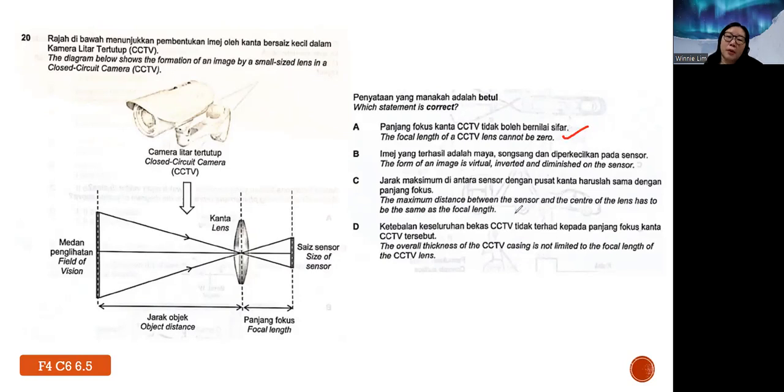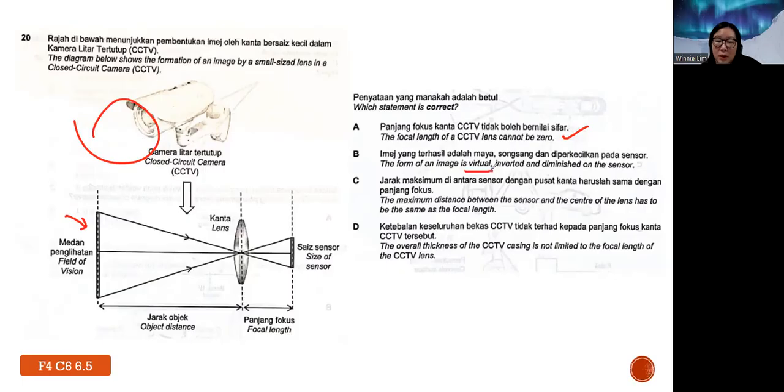B, the form of the image is virtual, inverted, and diminished. Because they can form on the screen, if you project the image, it can form on the screen.